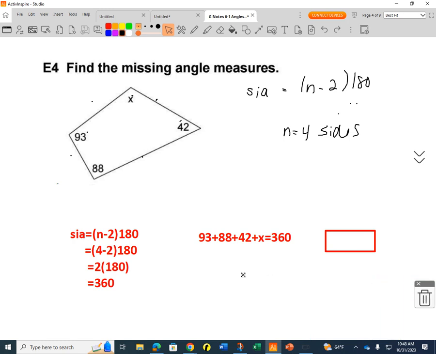And solve. So if you add the constants, I think they equal 223. Subtract 223 from both sides. And x is 137 degrees.